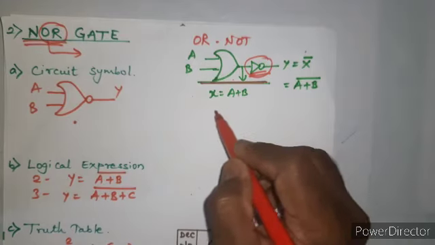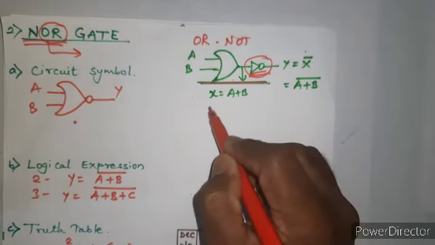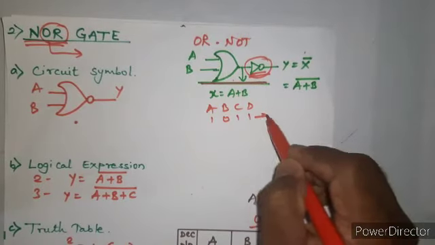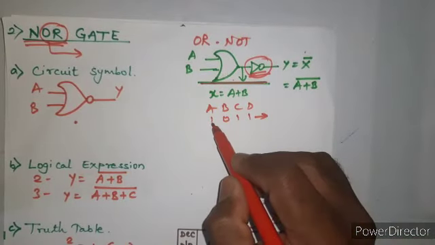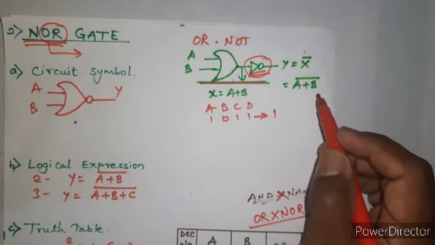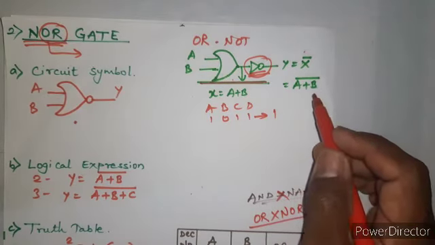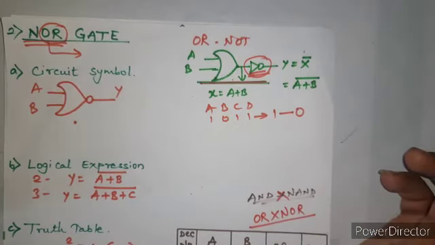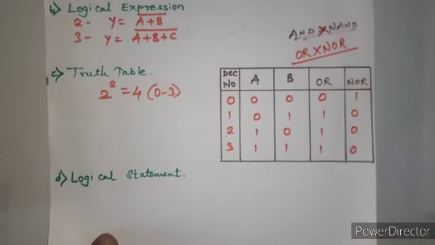If 4 inputs A, B, C, D, and this is 1 0 1 1, right? Now considering OR gate, the output here is 1, and considering NOR gate, the output here is 0. Okay, so this is how the truth table for the NOR gate is.